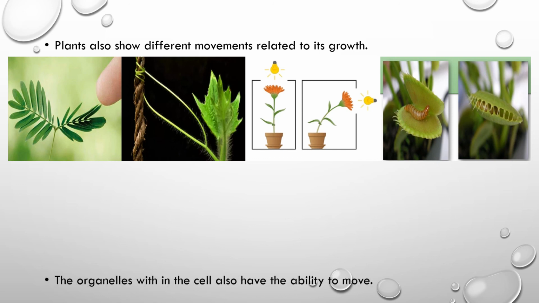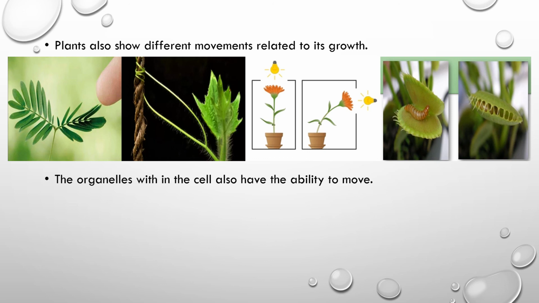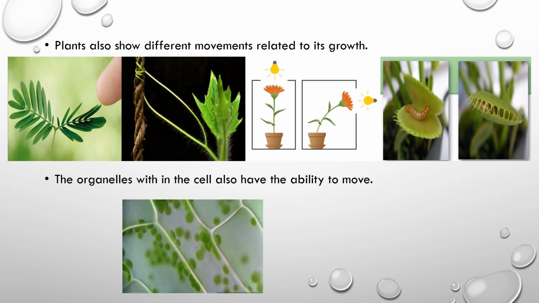When considering the cell of an organism, the cell also shows different forms of movements, meaning the organelles of the cell move within the cell. For example, cytoplasmic streaming can be taken here.